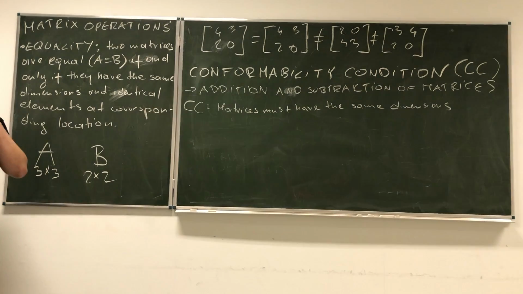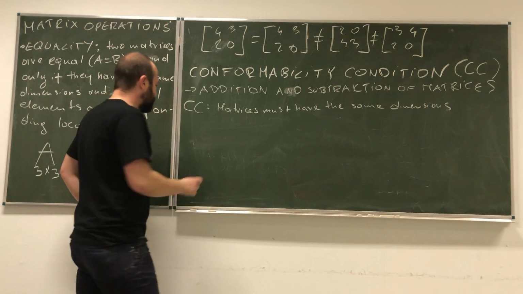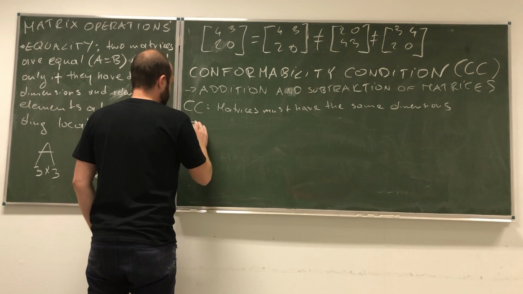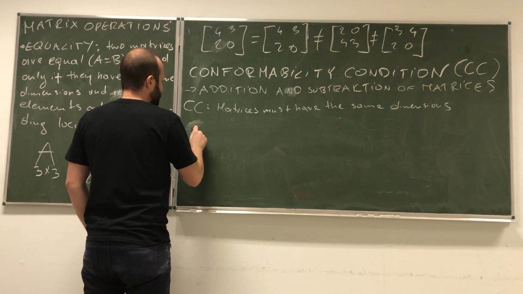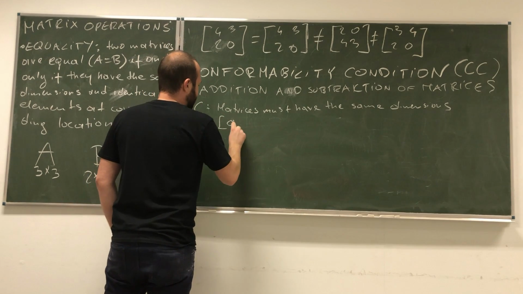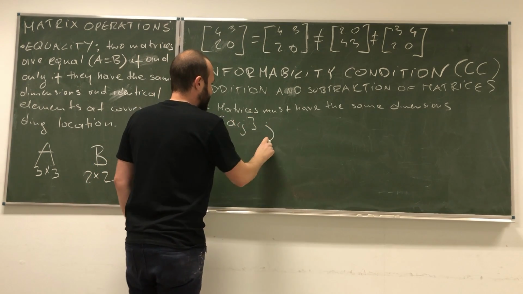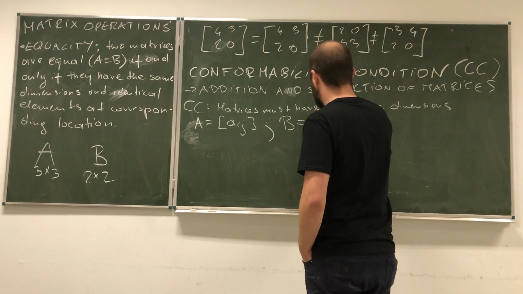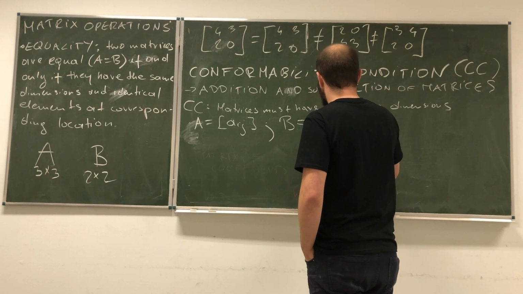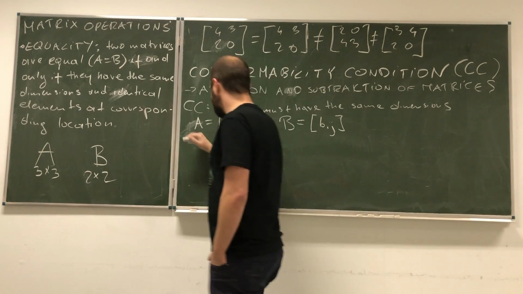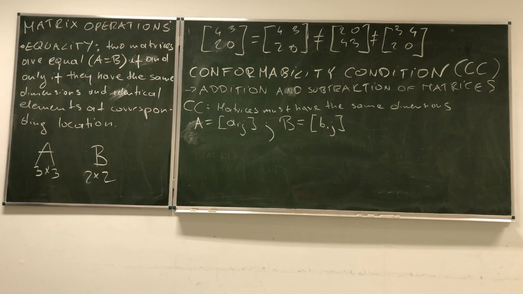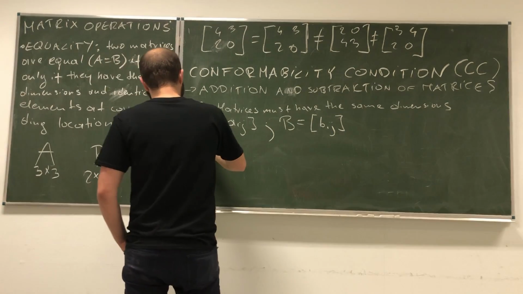Okay, look, addition of matrices goes like this. If I have matrix A with elements a_ij and matrix B with elements b_ij, addition of these matrices, or subtraction, works the same.